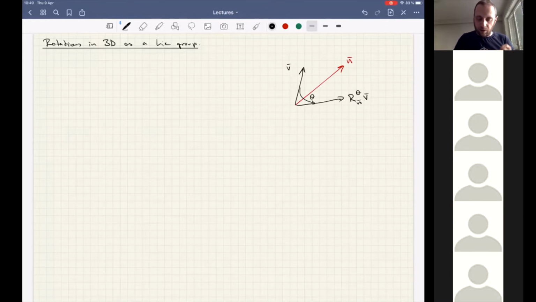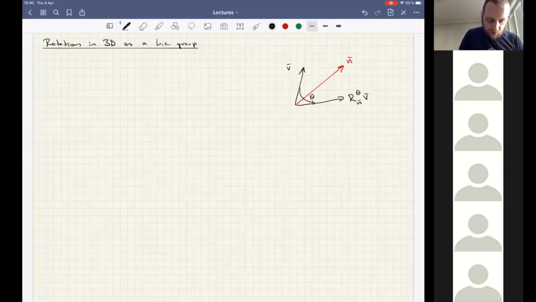In order to describe a general rotation, we give one unit vector, which is a point on the sphere, and we give one angle with which we rotate around that vector. So the question is now, how do we express this R_n(theta) and its action on v?